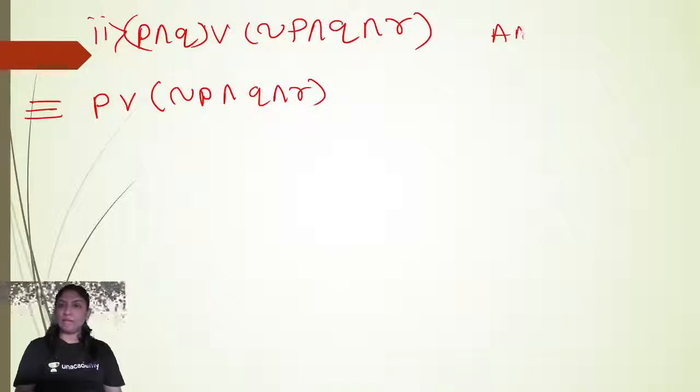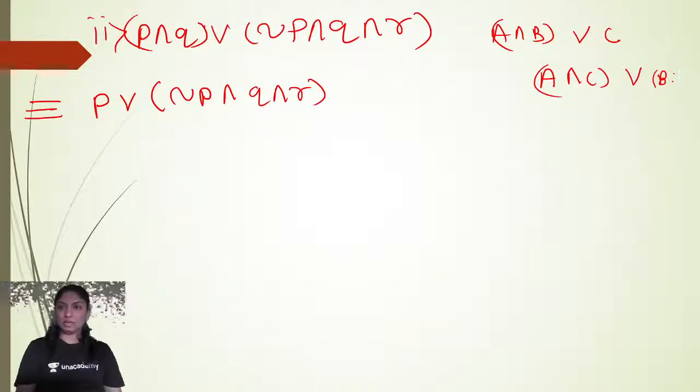A and B or C is A or C and B or C. So we'll use this distributive law.